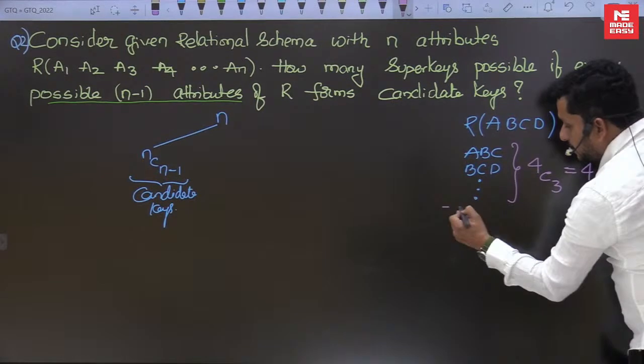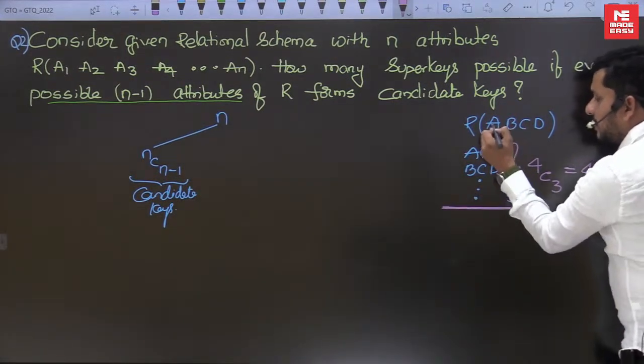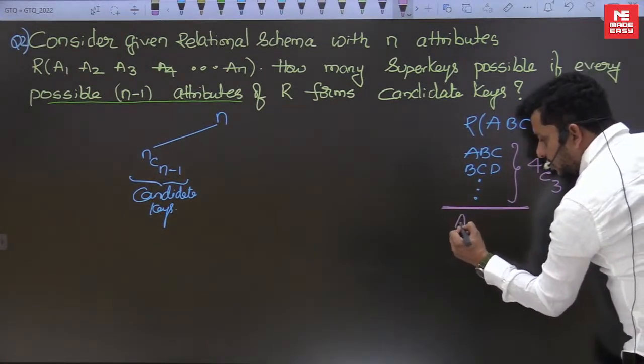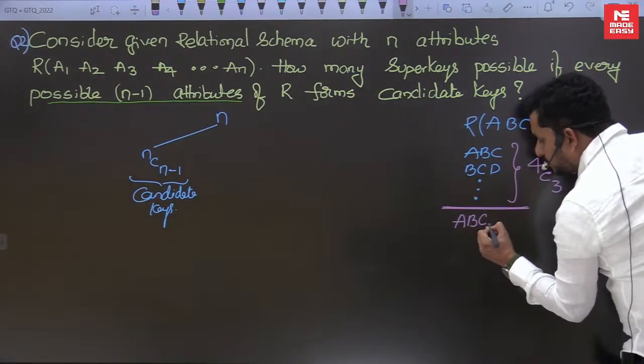But if three attributes themselves form the candidate key, then all 4 attributes together is not a candidate key, but it is also a super key.